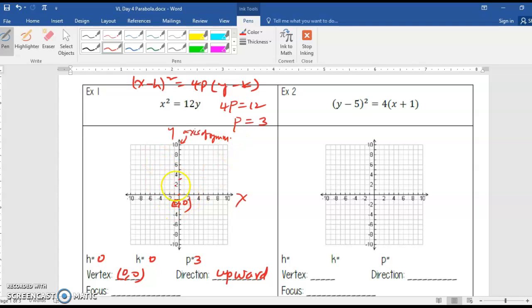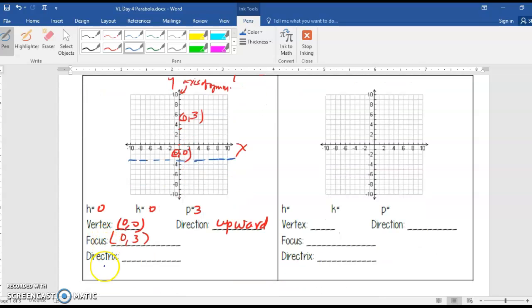The curve is going to be upward. So it's 0, 3. So the focus is 0, 3. And the directrix is 3 units below. So the directrix would be at y equals -3. So the equation of the directrix is y equals -3.